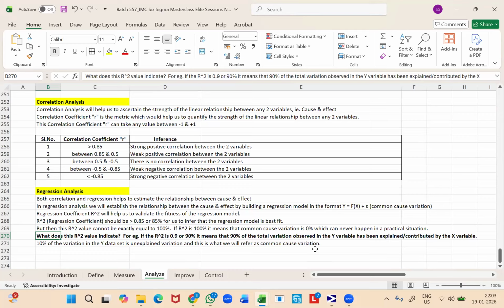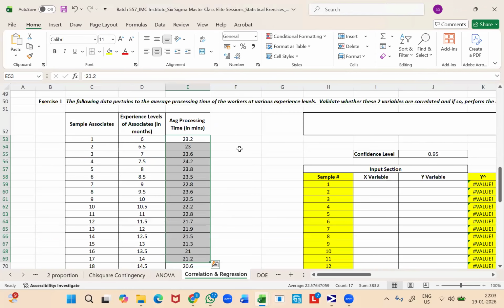If the R square value is very low, say for example less than 85%, that is a concern. If it is greater than 85%, then it's fine, and we can infer that the model is best fit. That means the variation contributed by the X variable is quite sufficient, right?